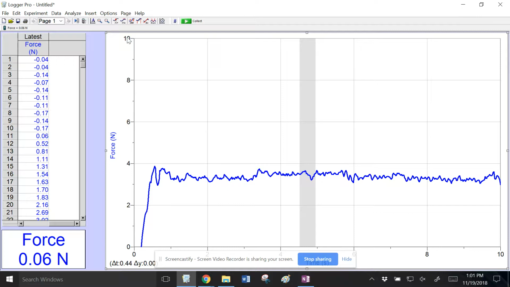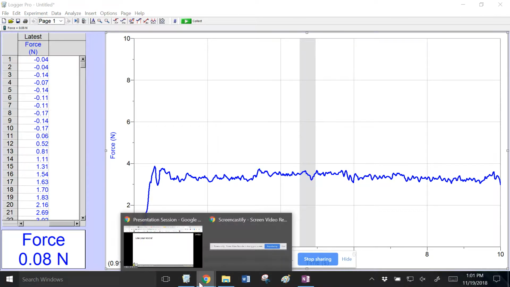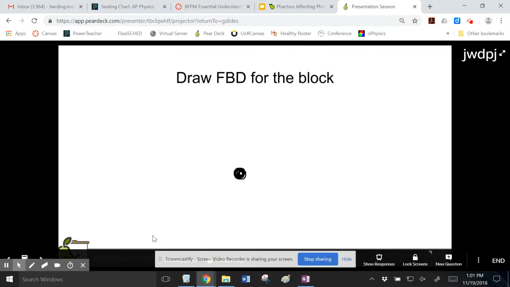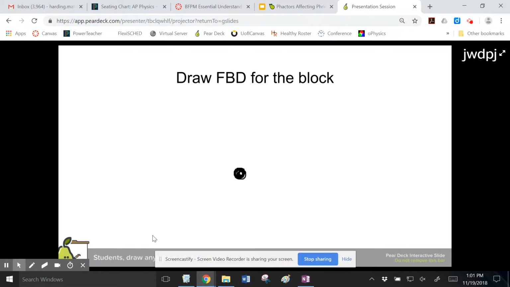What I'd like you to do in the Pear Deck is go ahead and draw a free body diagram, not for the block, draw a free body diagram for the system. Okay, so think of that as the system. What would the free body diagram look like?